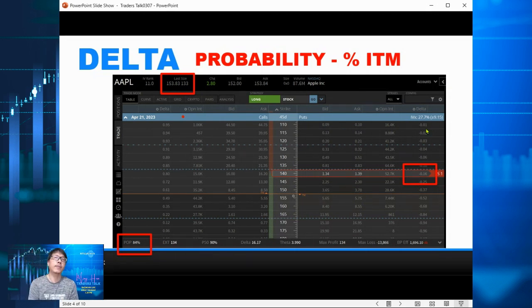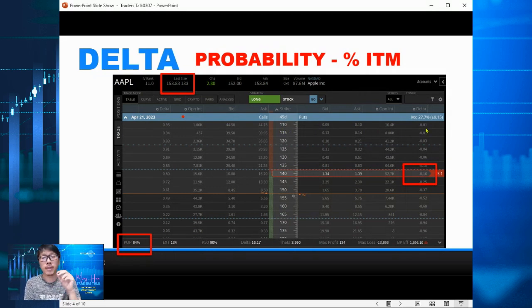We always disregard the decimal point. When we speak about delta, we just take the two numbers. For example, this 0.37, we just say is 37 delta, and going back to the 110 strike, which has a 1 delta.